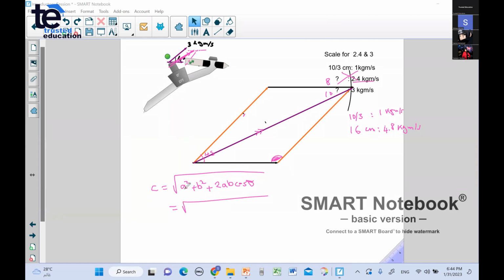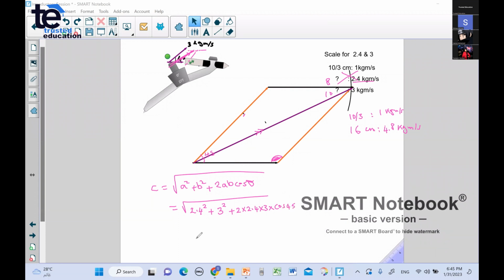So what is A? A is the first vector. The first vector is 2.4, I'll square it. And the second vector is 3, I square it. Then plus 2 times the first vector, the second vector, times cosine the given angle.